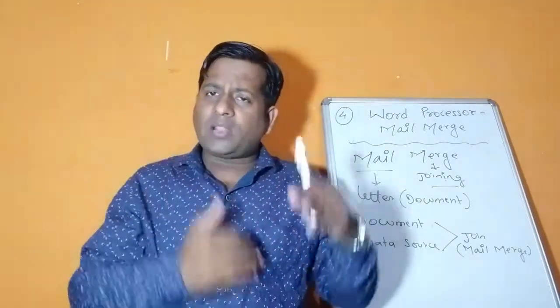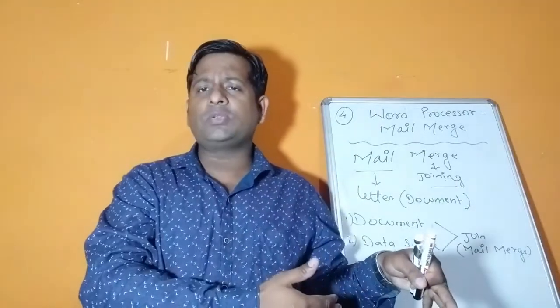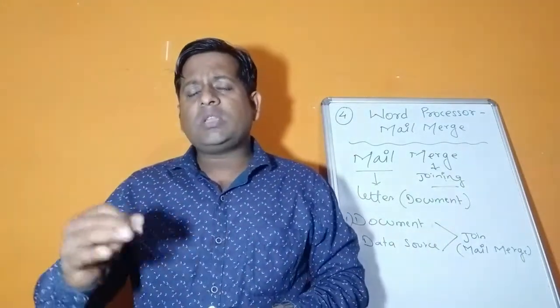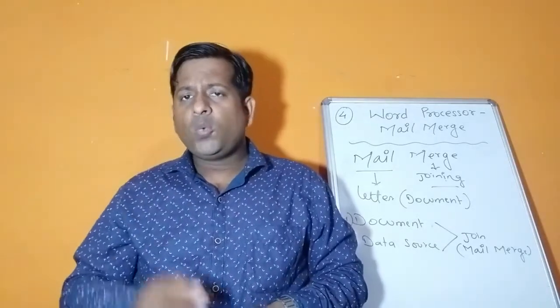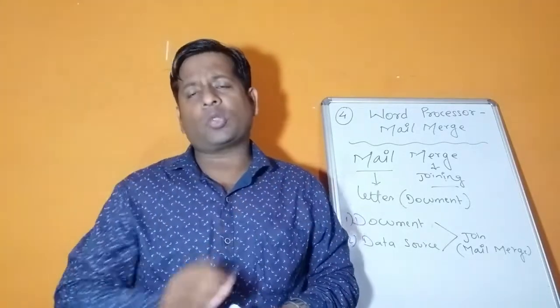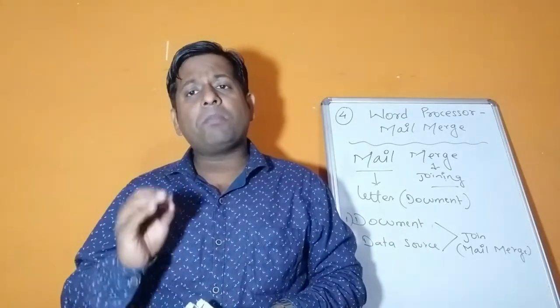So instead of writing the letter, writing the names, addresses, storing in a computer, instead of this tedious job, we can go for a shortcut method, or we can use a feature of word processor, that is mail merge.